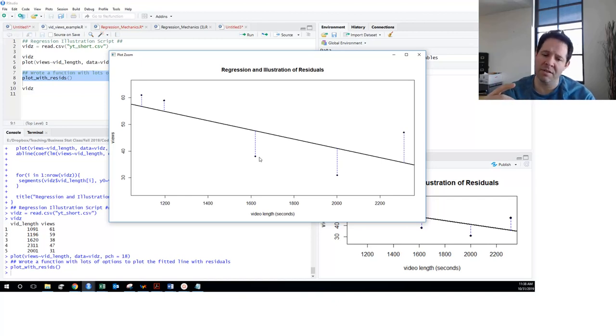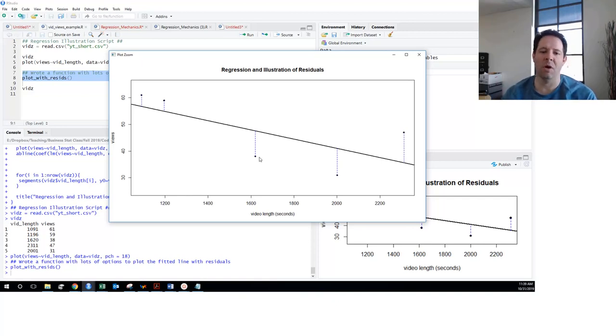The length of this line segment is called the residual. It's the amount by which the line misses that particular observation. Each observation in your data set will have a residual, an observation-specific measure of the lack of fit.